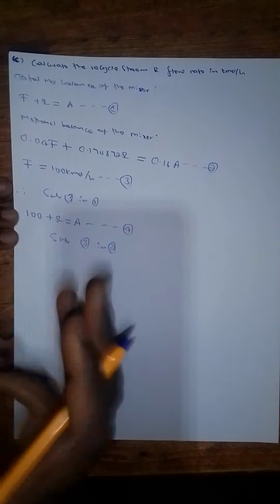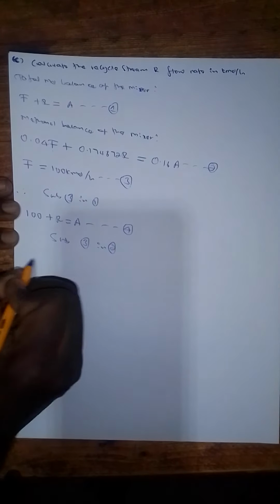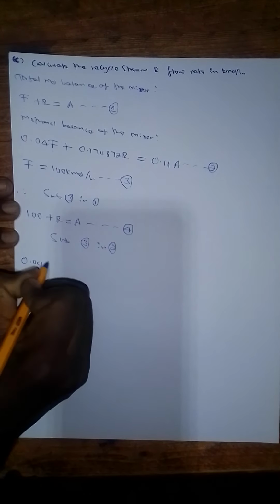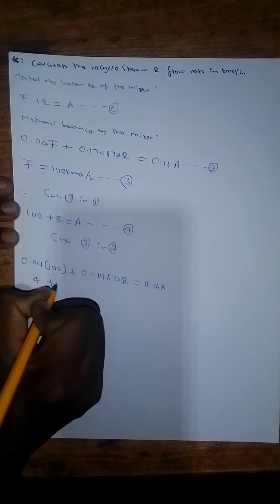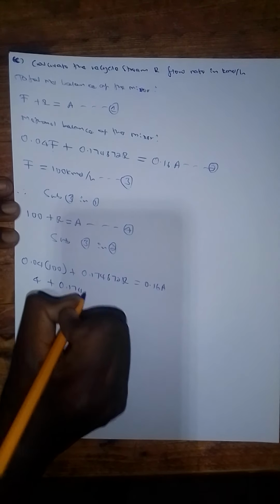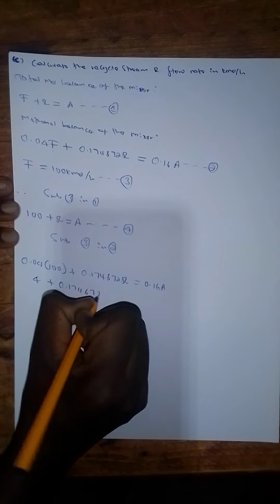If we take 100 kilomole and substitute it there, we have 0.04 multiplied by 100, plus 0.174672 R is equal to 0.16A. So this becomes 4 plus 0.174672 R is equal to 0.16A. This becomes our fifth equation.